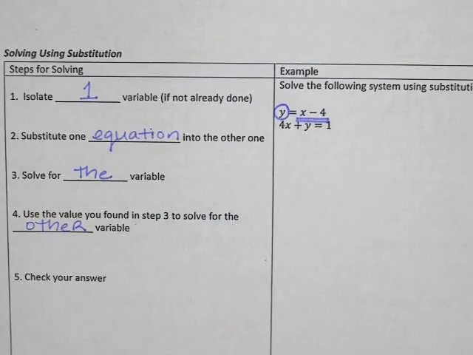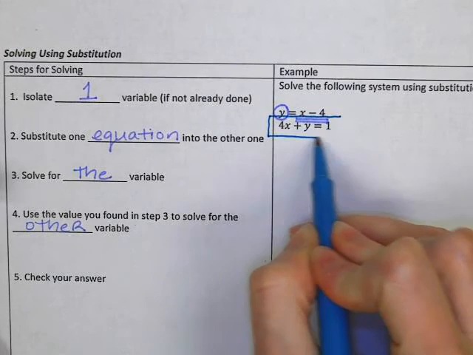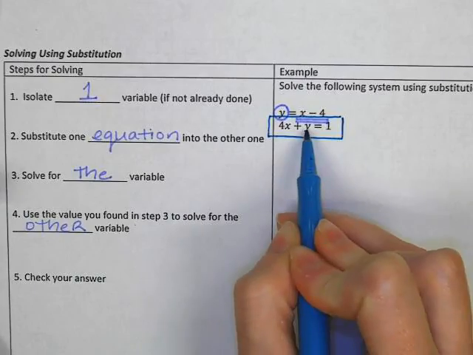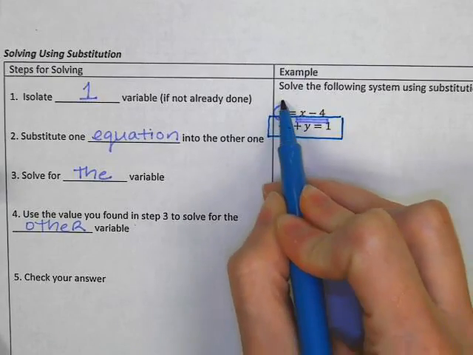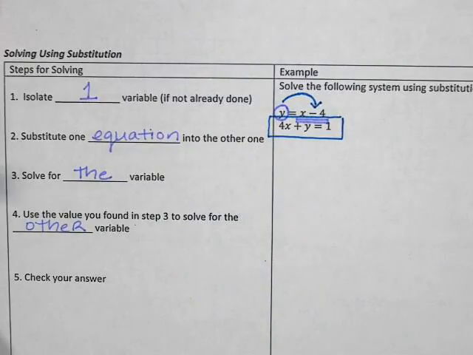Okay, so once you have a variable alone, you're going to jump to the other equation and you're going to rewrite it, but wherever you see that variable, you're going to sub it out and put in its replacement. Okay, so remember we said y is equal to x minus 4.